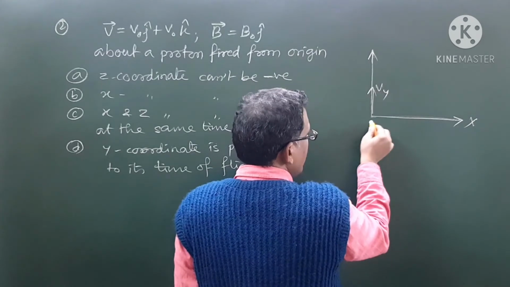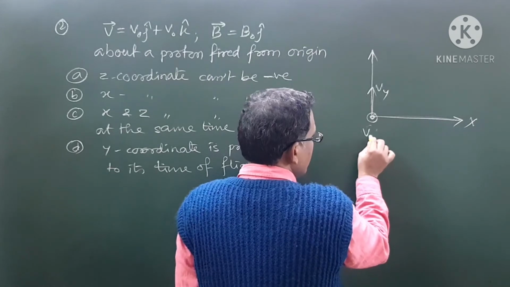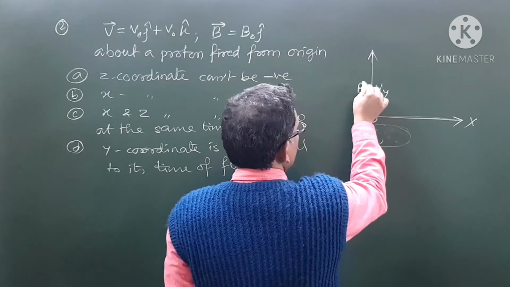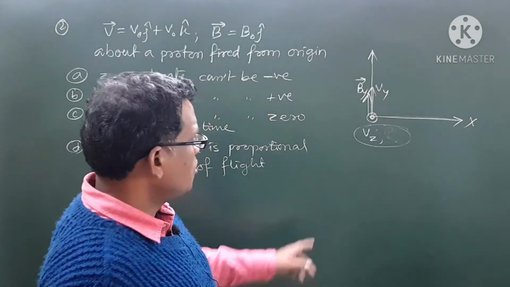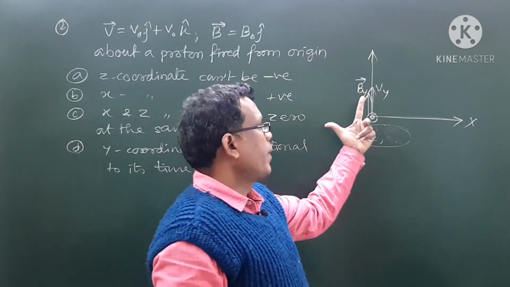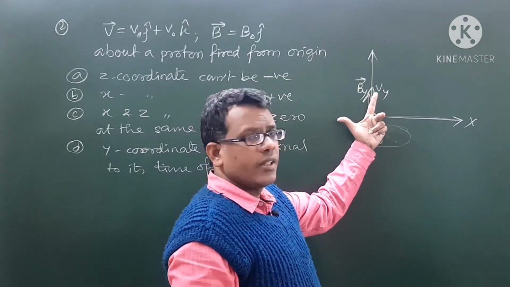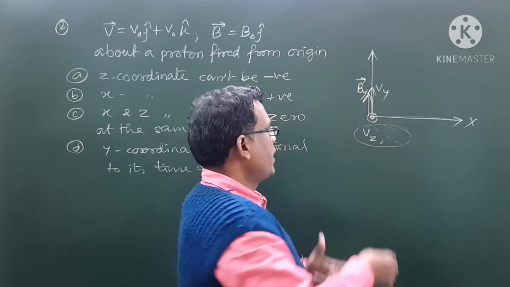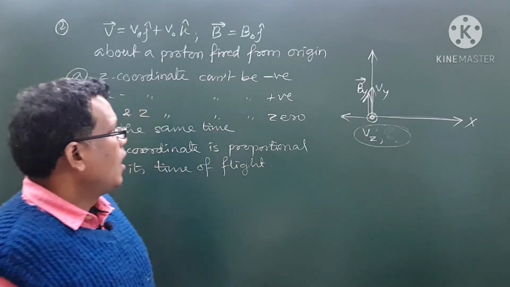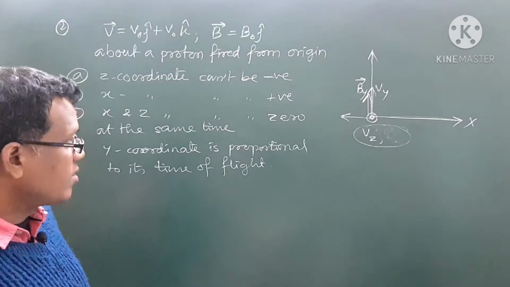This is Vy and this is outward Vz, and the magnetic field is along y, upward. This velocity along z will be taken into account, so the force will be acting this way, so circular motion will come this way. Obviously the particle cannot go towards positive x, correct.